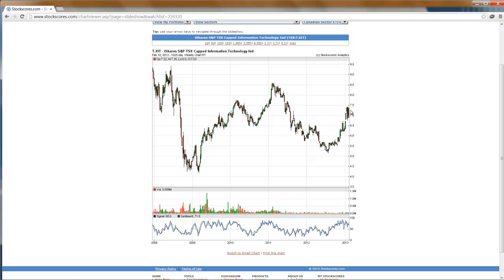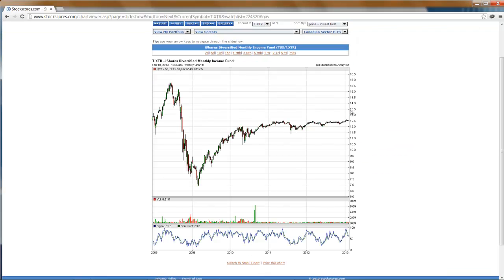So those are the kind of things that I want to see when I look at these charts. Now, with this particular chart right now, it's in a good upward momentum, and so I'm positive on the sector. However, it's not starting an upward trend. That started late in 2012, probably the end of October 2012. All right, so given that, I'm going to just simply click on my right arrow key, and it takes me to the next chart in my watch list.